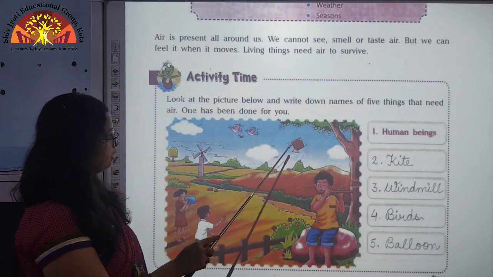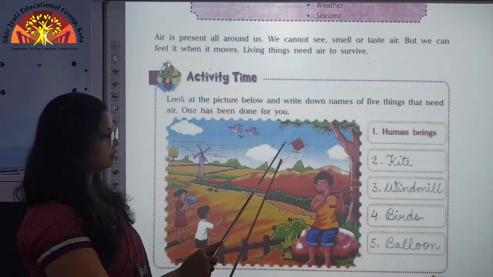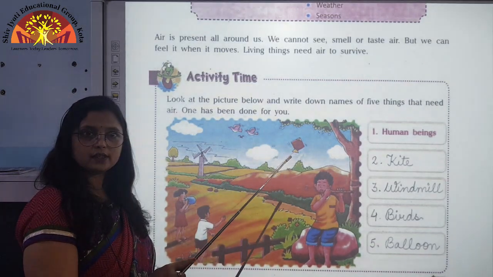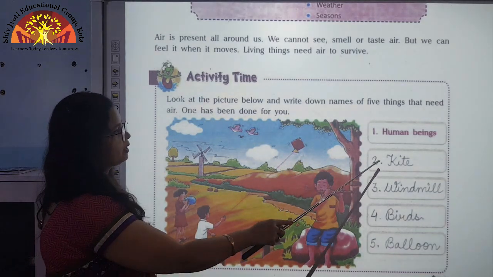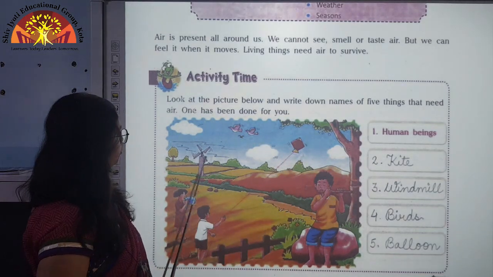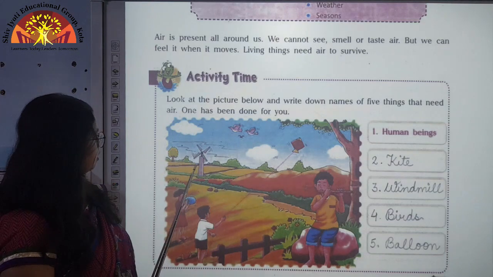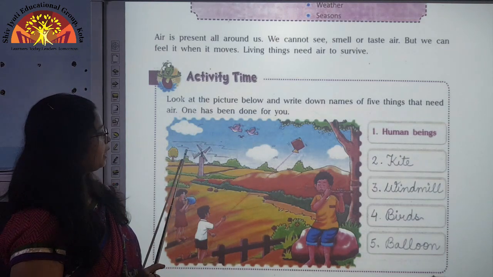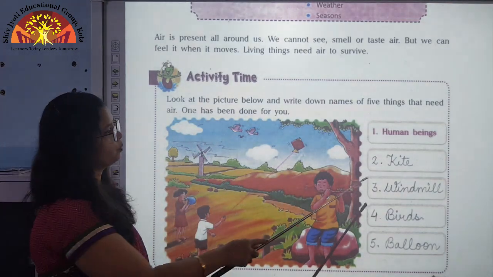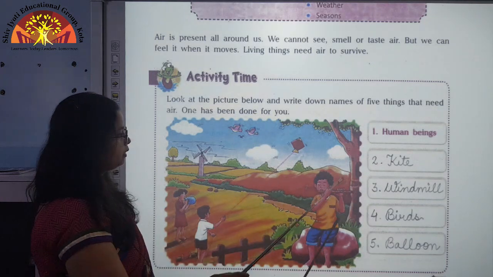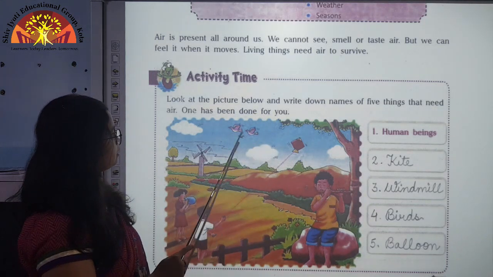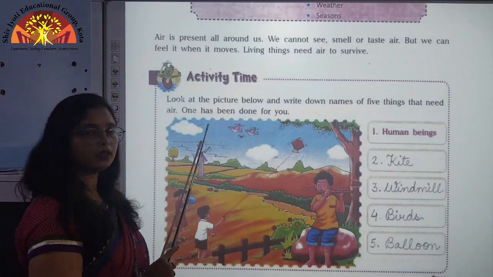Here we can see that this kite is flying in the sky, by the help of which it is flying? Air. So we will write here kite. Then you can see here windmill. This windmill moves by the help of air. So we will write here windmill. Then birds are flying in the sky, by the help of what they can fly?